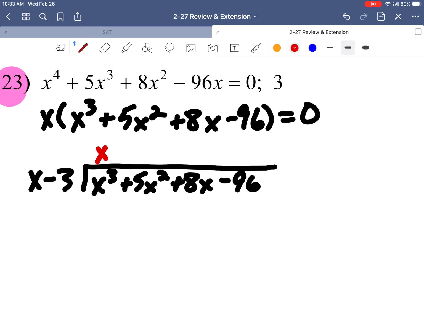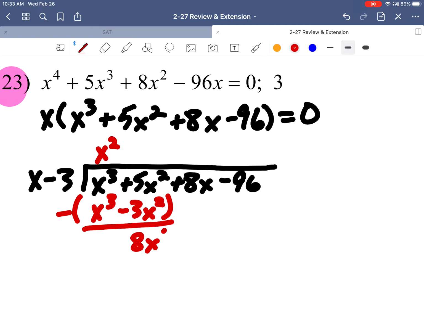And so x times x squared is x cubed. x squared times a negative 3 is negative 3x squared. Subtracting, 5x squared minus a negative 3x squared is 8x squared. And bring down that 8x.